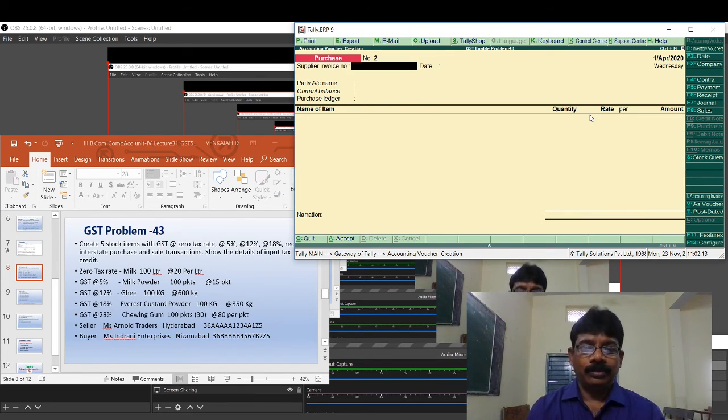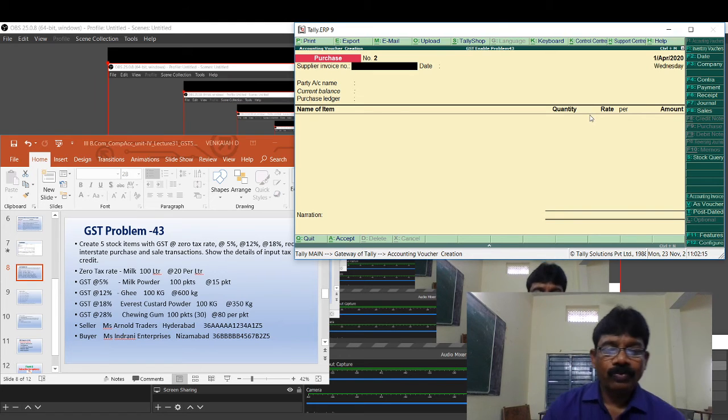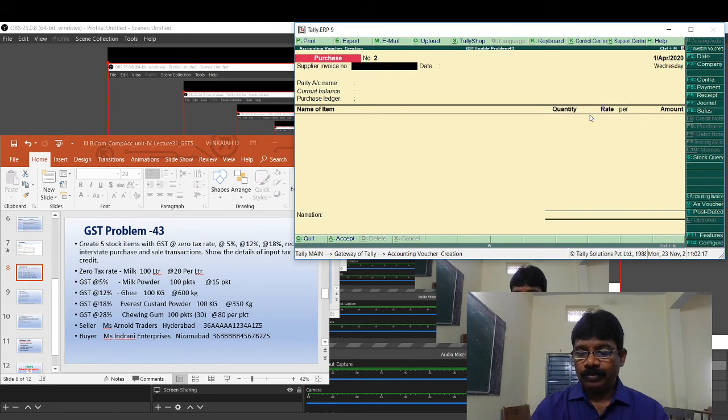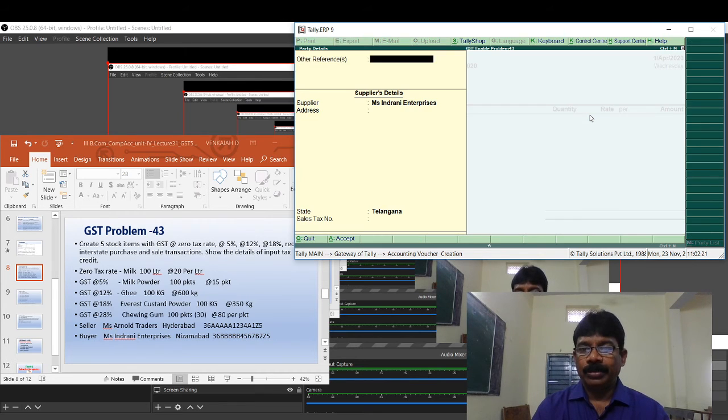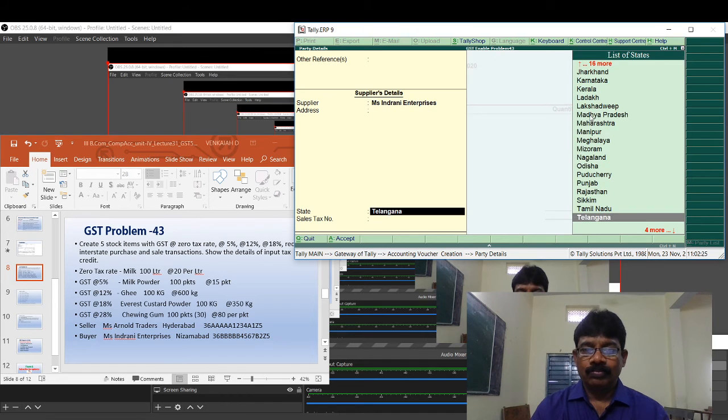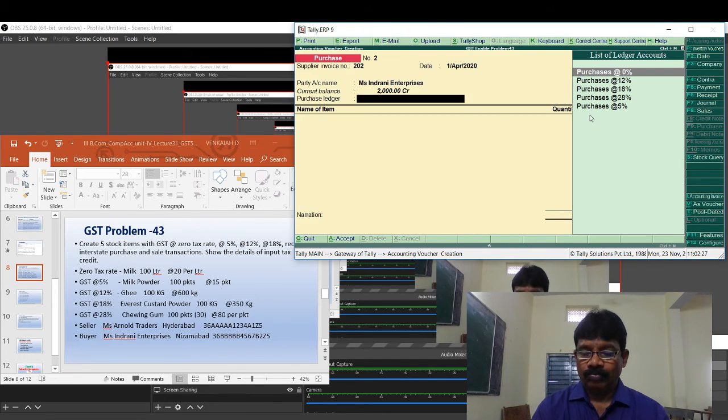Right. Next purchases at 5%. Milk powder, Indrani Enterprises. Purchases percentage is 5%.